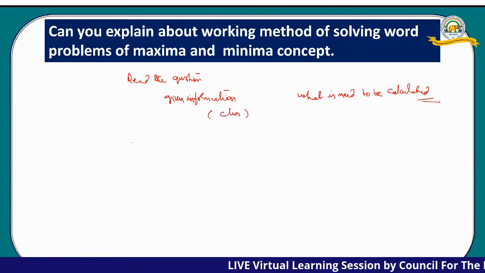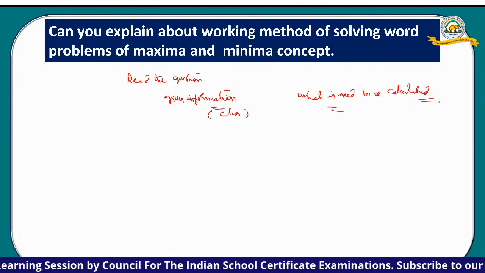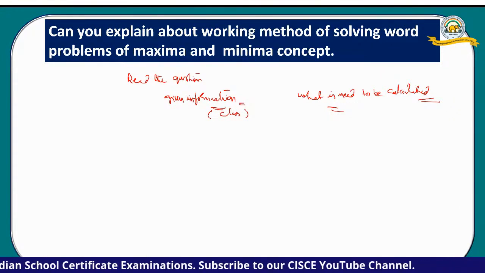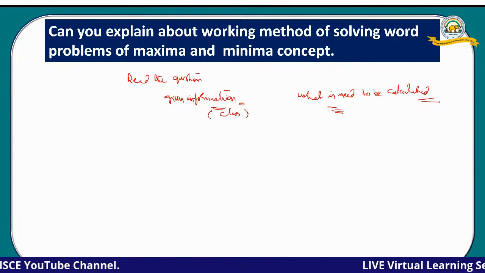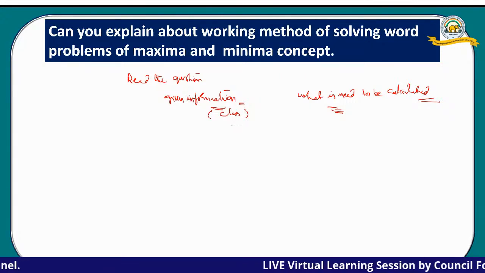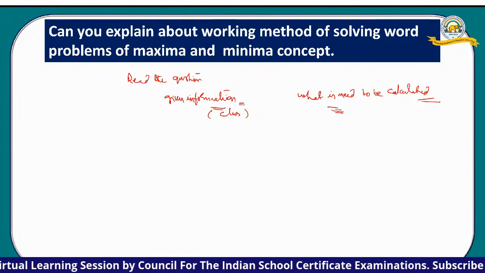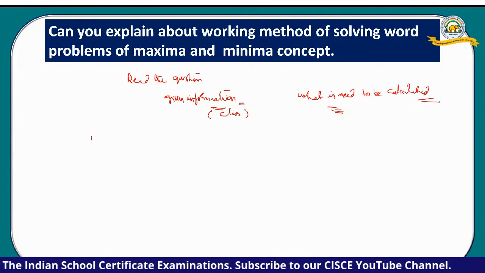Now, when you separate into two parts, the given information and what needs to be calculated, establish the relations between them. To establish the relations, you need to have the entire concept. By establishing the relation between the given information and what is to be calculated, identify the function first.